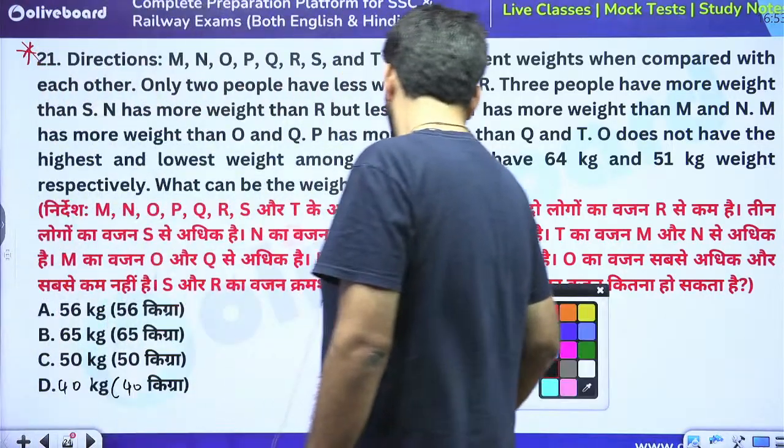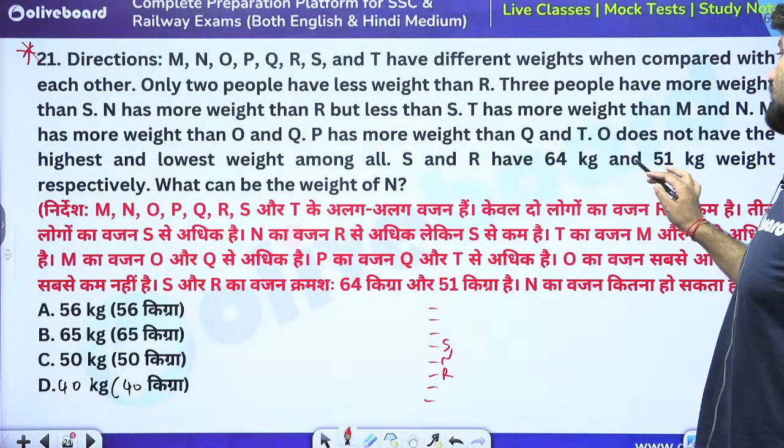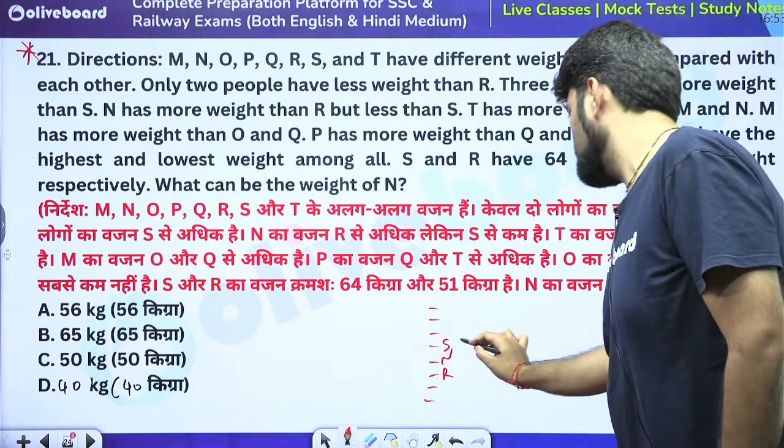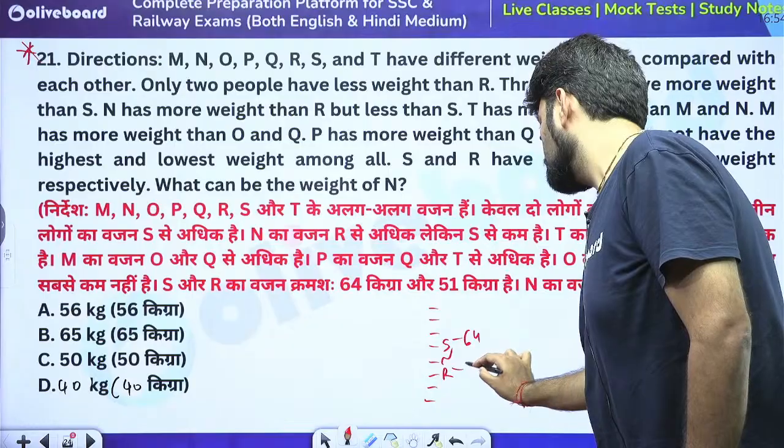So if you would have read the line here only, S has 64 and R has 51.